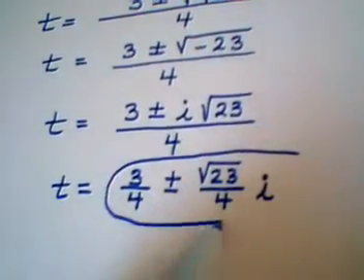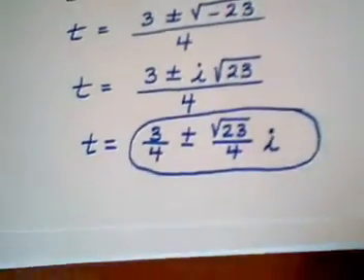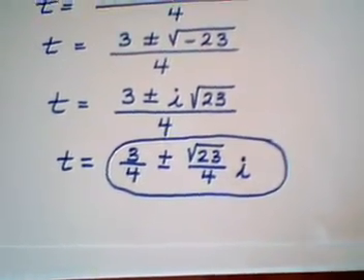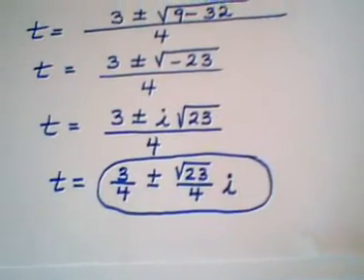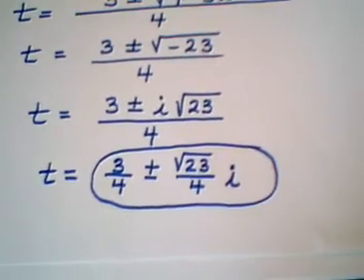And that is a way you could write the answer to this equation in standard form. In a lot of your future cases, you're going to be asked to do that. So it's not a bad habit to get in when you're working with complex numbers resulting from the quadratic formula.